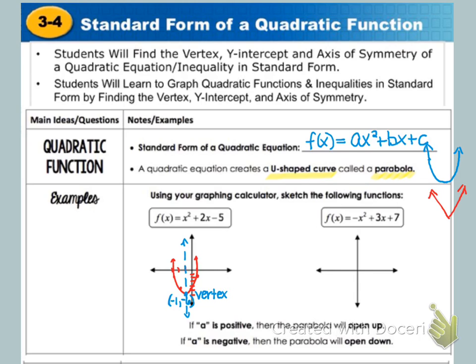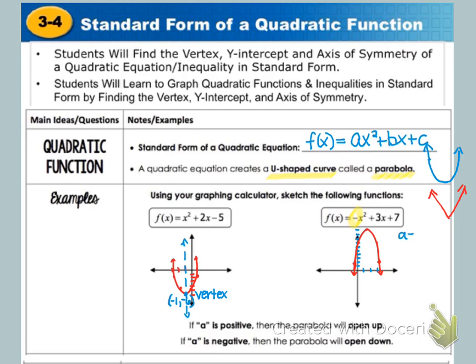Then I graphed f of x equals -x squared plus 3x plus 7, and this is what my graph looked like. Now this parabola happens to face downward, and you might notice that the number in front of the x squared, which is called the a, in this case was negative.